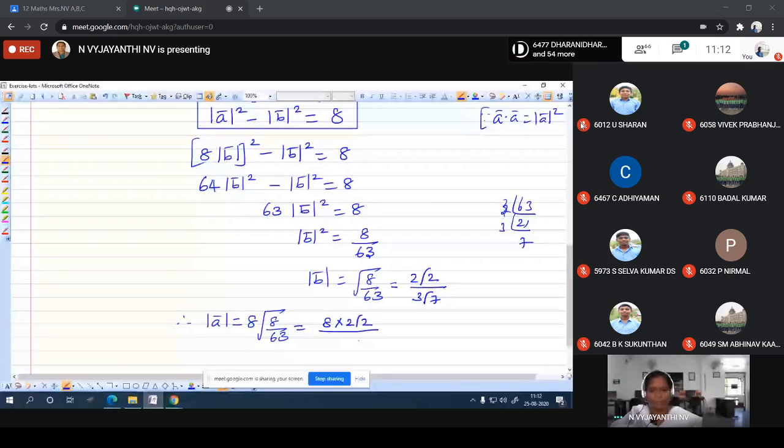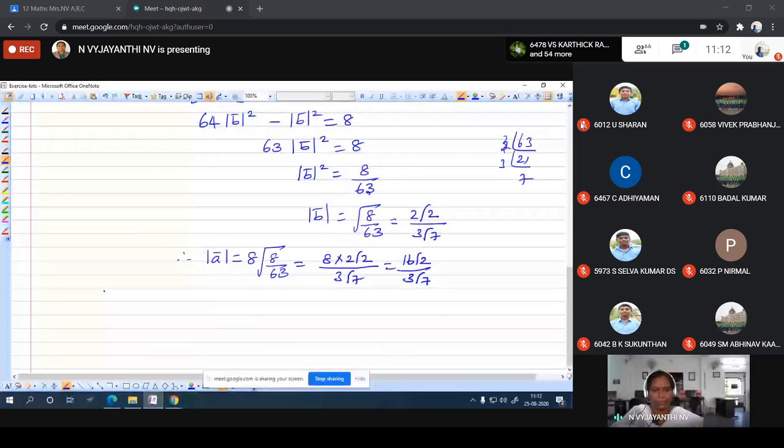That is 16 root 2 by 3 root 7. So modulus of A equal to 16 root 2 by 3 root 7, and modulus of B equal to 2 root 2 divided by 3 root 7 is the answer. Okay.